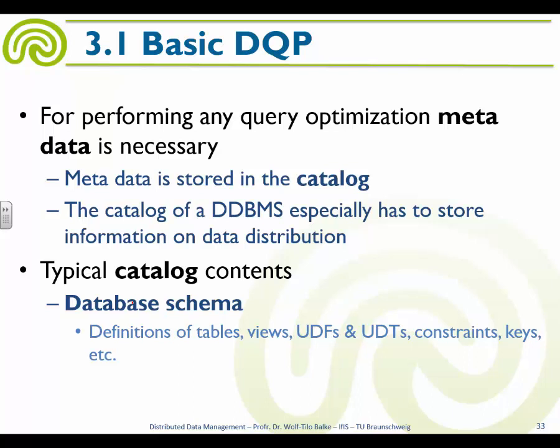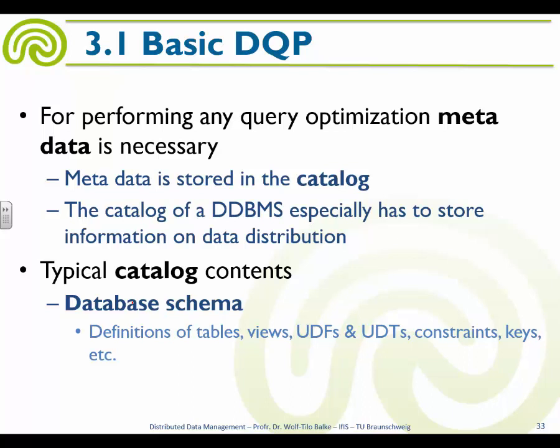But the question is what data you can use for the optimization, and what data you actually need to figure out what a clever plan is versus a not so clever plan. This is difficult, right?